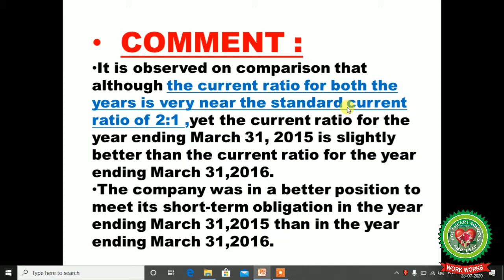Very near means quite satisfactory, good results. But the company's performance in the previous year 2015 is much better as compared to 2016. The company was in a better position to meet its short-term obligations in the year ending March 31st, 2015 than in the year ending March 31st, 2016.